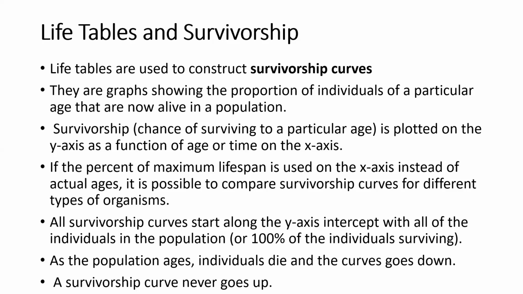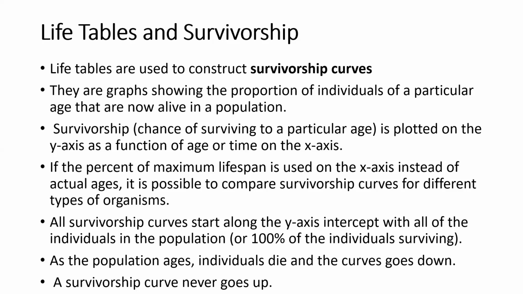When we are plotting, the one that is independent, we plot on the x-axis, or the abscissa. And the one that is dependent, you plot on the y-axis, which is the ordinate, right? So if the percentage of maximum lifespan is used on the x-axis instead of actual ages, it is possible to compare survivorship curves for different types of organisms.